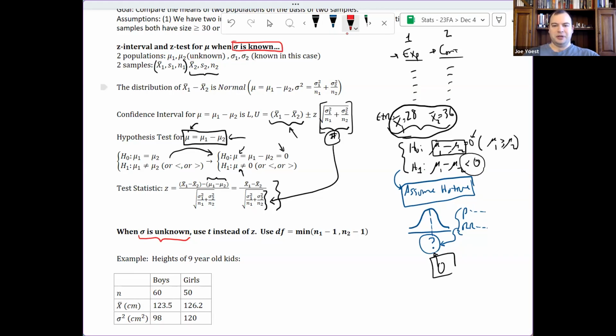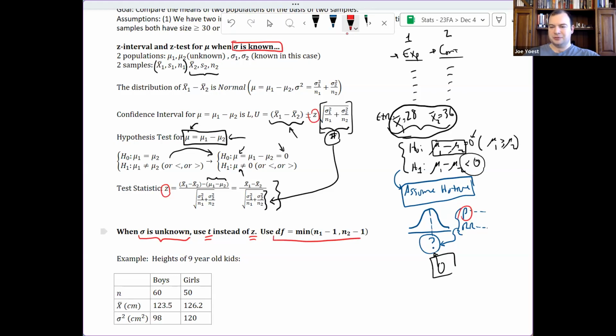Well, we basically just do the exact same process. I mean, these sigmas would turn into s's. We'd use our t distribution instead of a z distribution. So this test statistic or these p-values or this index up here on the confidence interval, those would be gotten off of the t distribution table instead of the z table.